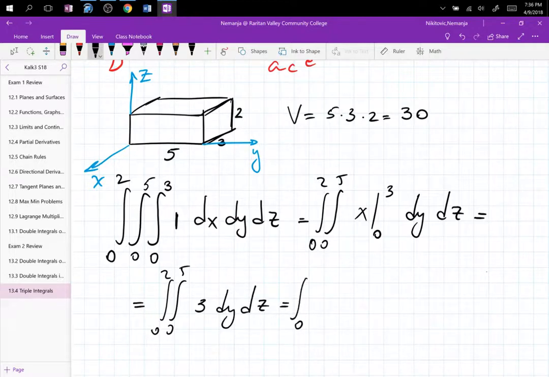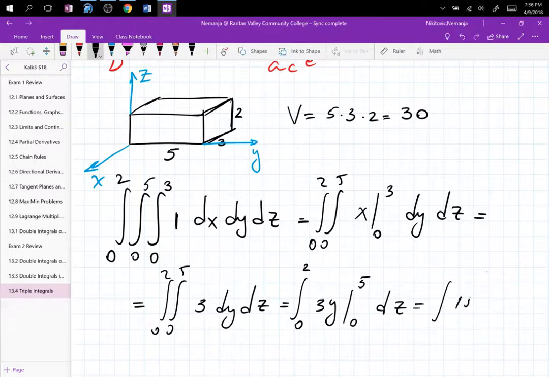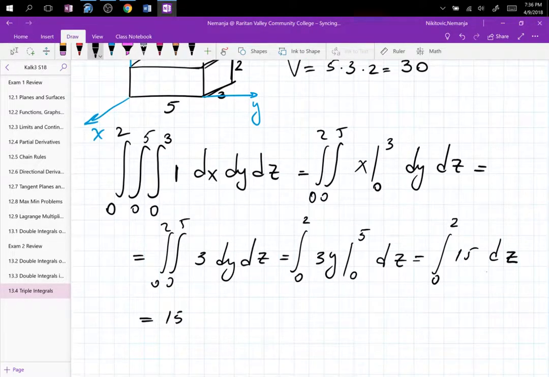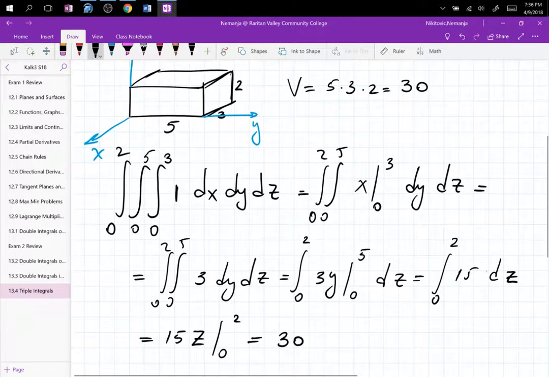And now a single integral remains. It's 3y from 0 to 5 dz. That's 15, so 0 to 2 of 15 dz, which is 15z from 0 to 2, equal to 30. That's why.